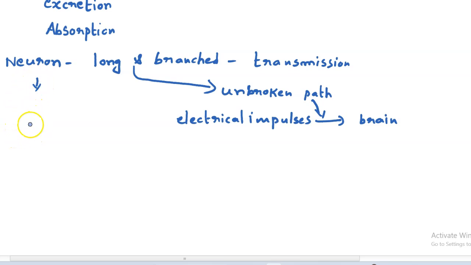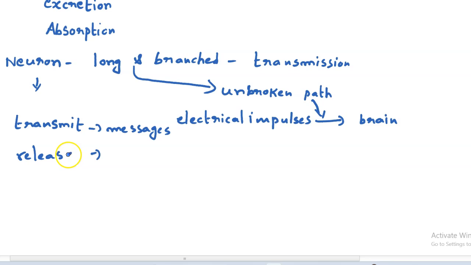These neurons are involved in transmission of messages, and they release neurotransmitters.